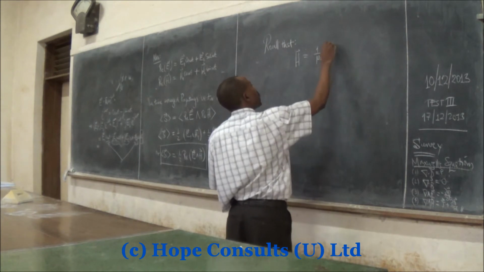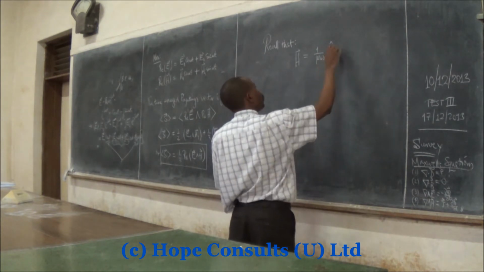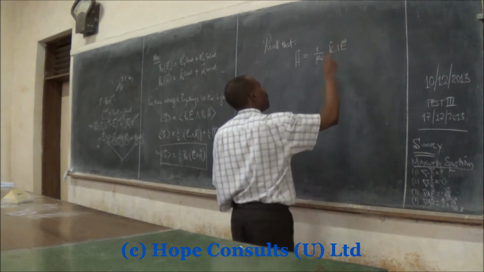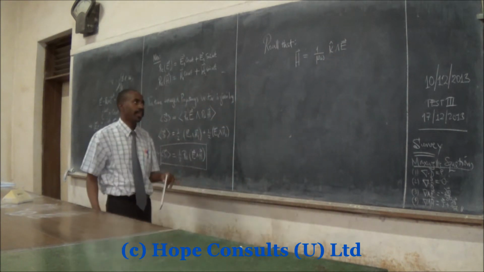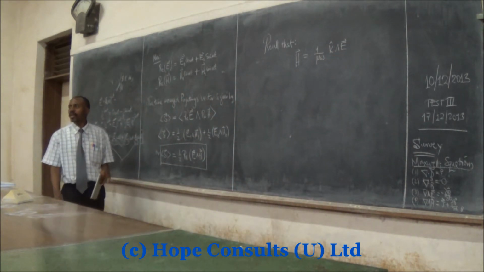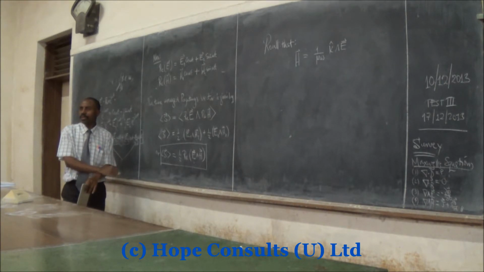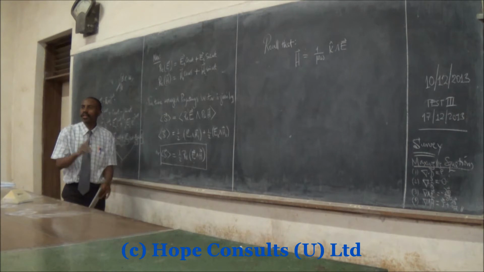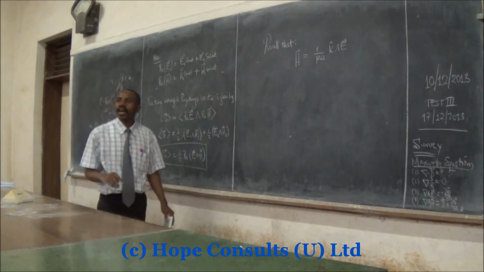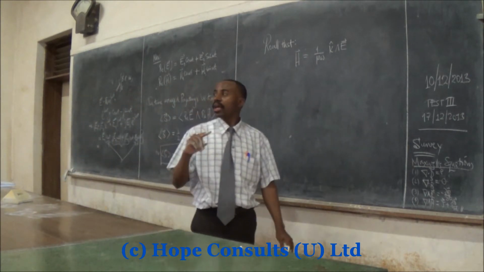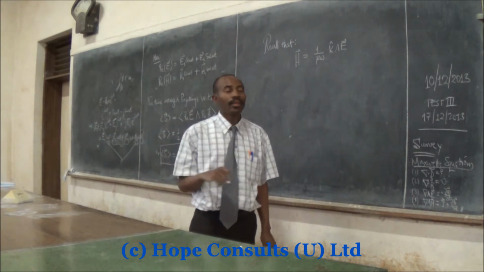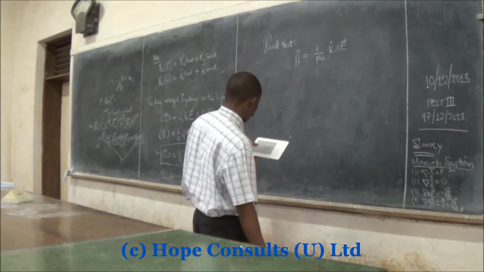And we said this is K cross E. And if you remember, we ended up saying that K dot E and K dot H were equal to zero. And that's when we concluded that actually these are perpendicular to each other, each perpendicular to the propagation vector.